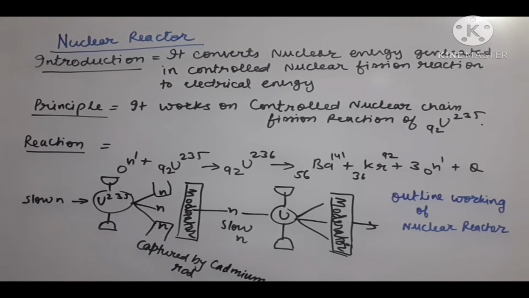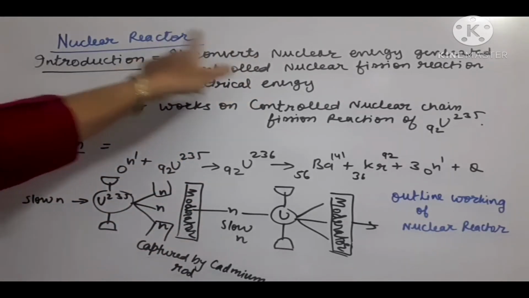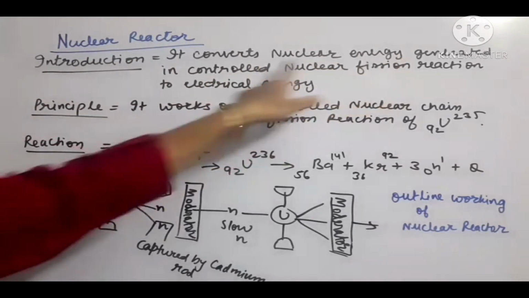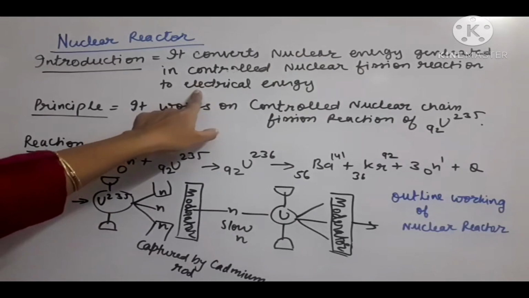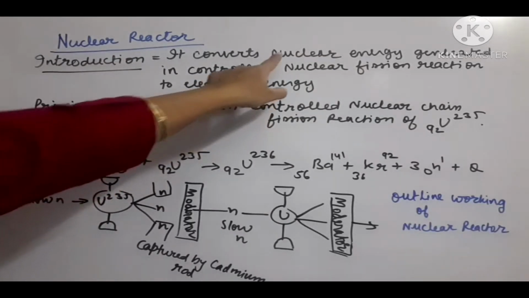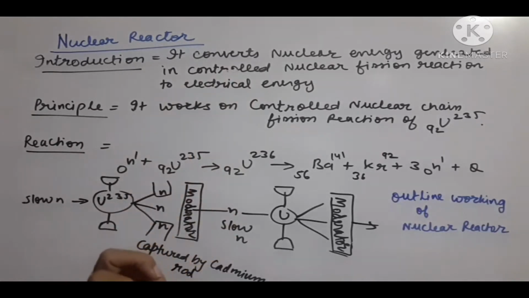We will convert it for electrical energy generation. This device, the nuclear reactor, converts the nuclear energy generated in the controlled nuclear fission reaction to electrical energy. This way it is useful.